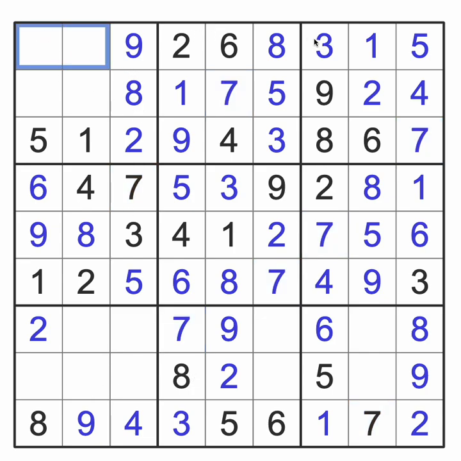And now looking at this row, which is missing 4 and 7. Here's 4. Makes this cell 7. And here's 4. 7 and 7 make this cell 7. That gives me 3 here and 6 here.